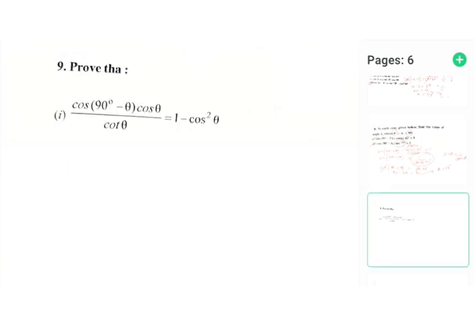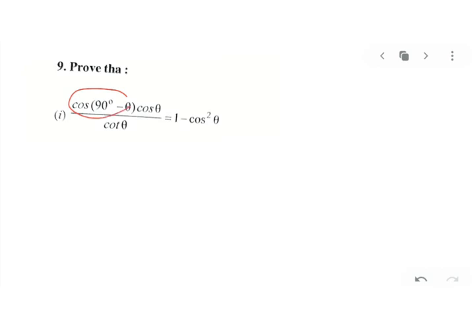I'll take your next problem, that is proving problem number 9, which goes something like this: cos(90 minus theta) into cos theta upon cot theta should be equal to 1 minus cos square theta. My dear kids, I'll prove my left hand side and I should get the answer like this.